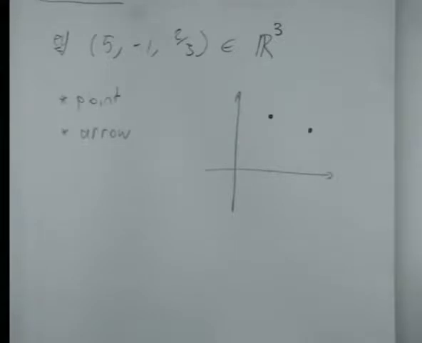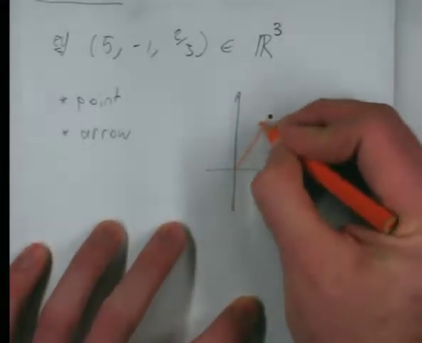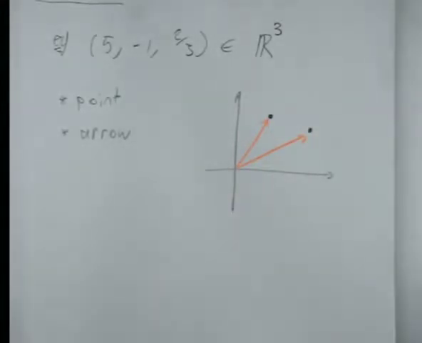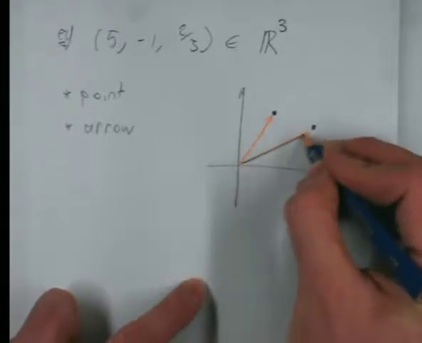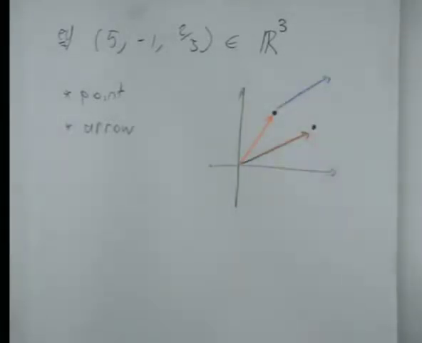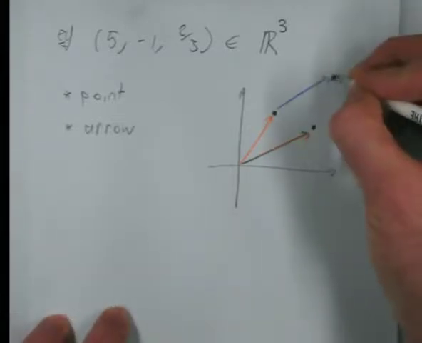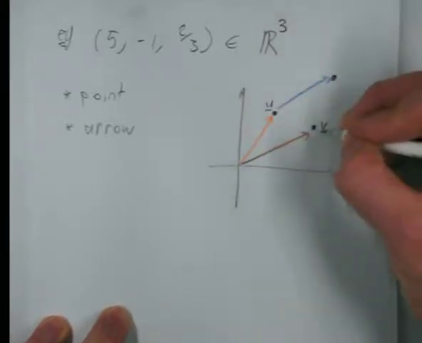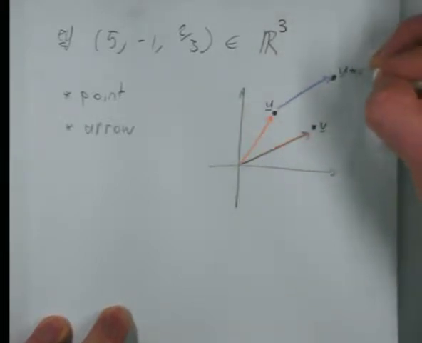So I have to go, oh well, this one is that arrow, and this one is that arrow, and then what you normally do is you shift one of them to be at the other end of the other one, and you make a new point there. So this is the point U, this is the point V, and this would be the point U plus V.